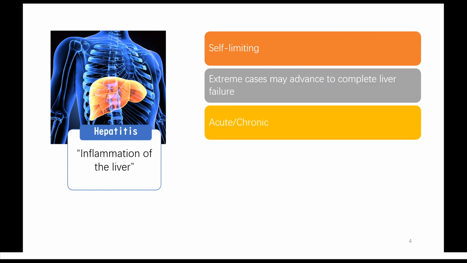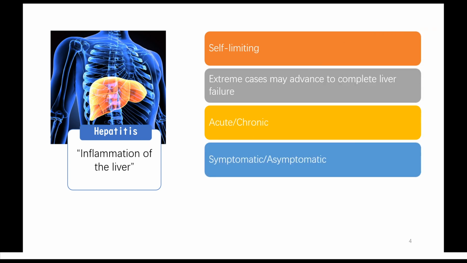Hepatitis can also manifest as either acute or chronic, with acute meaning for a short duration, and chronic, a longer duration. And hepatitis may manifest as either symptomatic or asymptomatic. Generally, hepatitis is symptomatic. But there are also instances that hepatitis will manifest as asymptomatic.